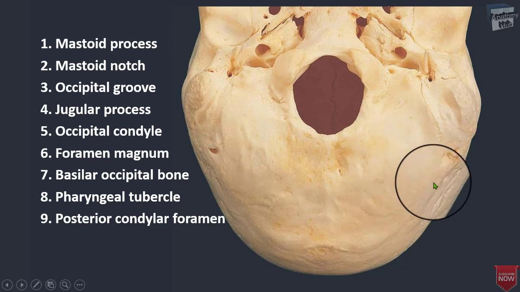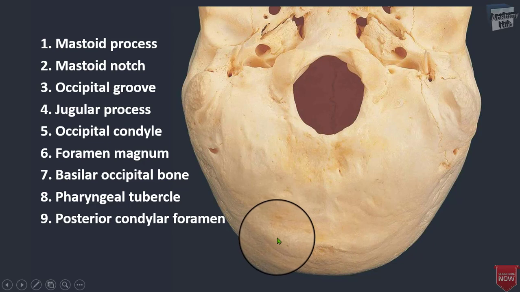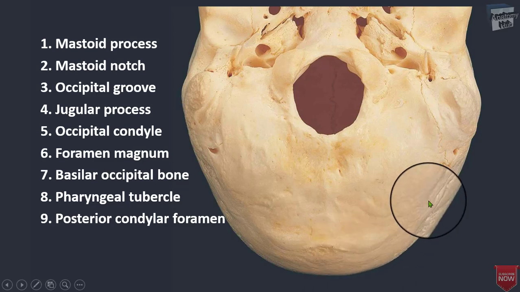The superior nuchal line that you can see over here is the transverse ridge extending laterally from the midpoint of the external occipital crest. The superior nuchal line extends transversely from the external occipital protuberance towards the mastoid process that you can observe here.